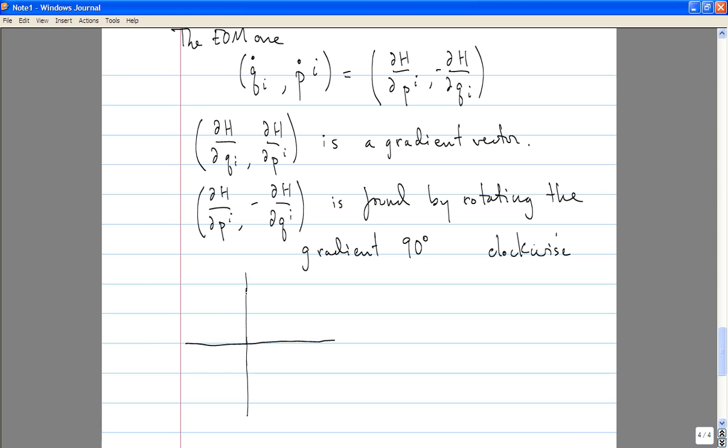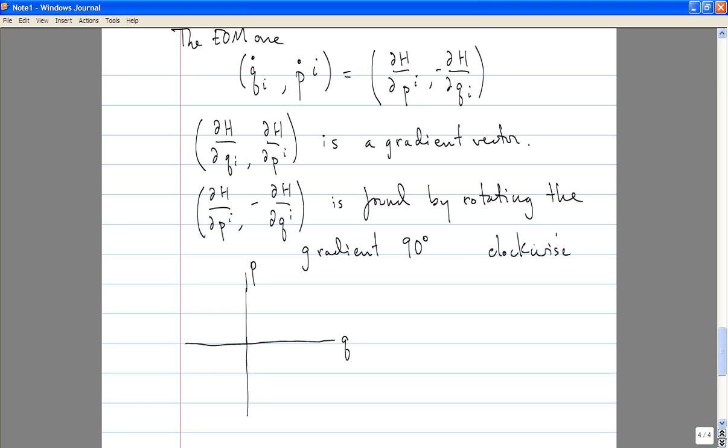So here, the vertical axis would be P, and the horizontal axis would be Q. And then your Hamiltonian would be some function on the phase space. Because it's a function of points on the plane in this case, an easy way of thinking of it is drawing the lines of constant h.